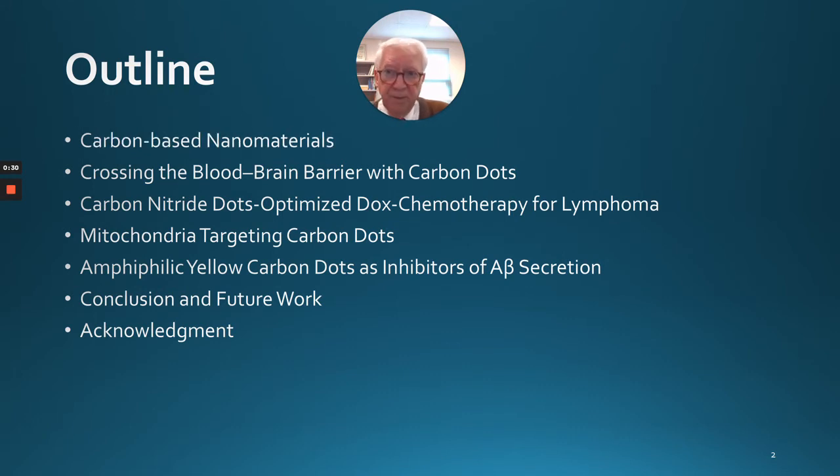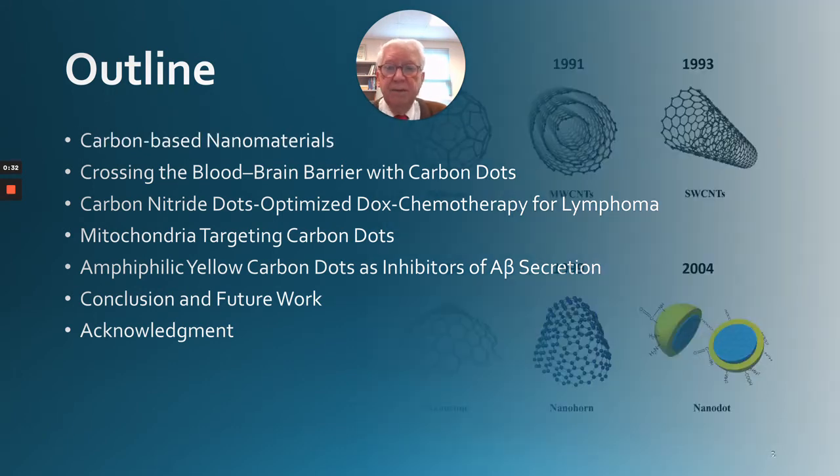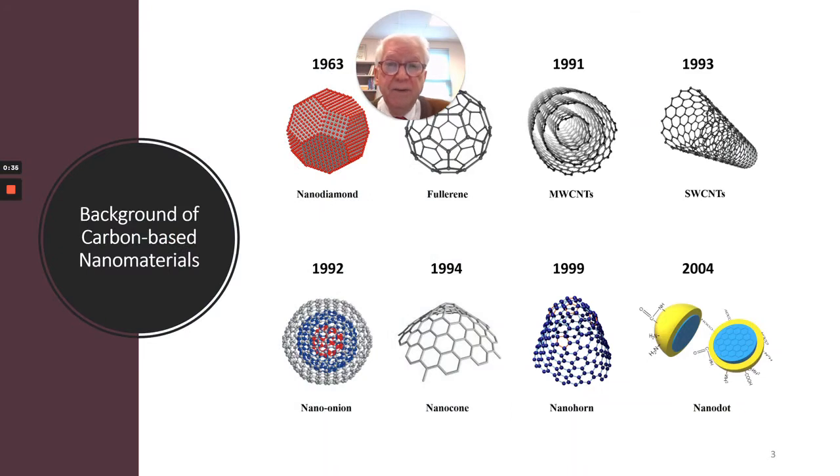So the first slide is to give you perspective of the different types of what we call nanomaterials related to nanoparticles. We can see that in 1963 nanodiamond was discovered, and that was followed by the fullerene, and after that the multi-wall carbon nanotube, single-wall nanotube, etc., up to the nanodot.